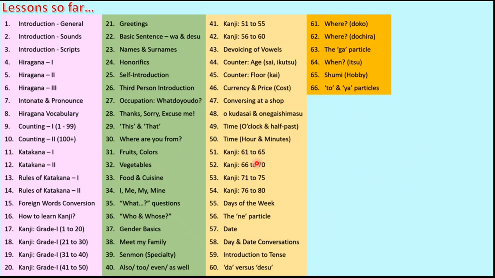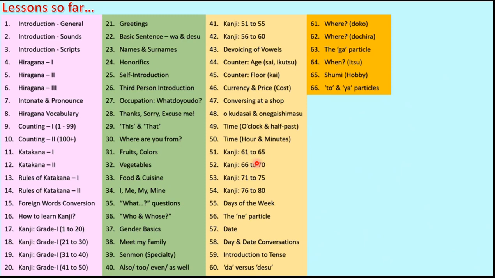So friends, that's all for today. So today we discussed the basic introduction of verbs in Japanese, and you might have noticed that we didn't discuss any sentence as such, because to use these verbs in sentences, we need to study two important particles, ni and o.